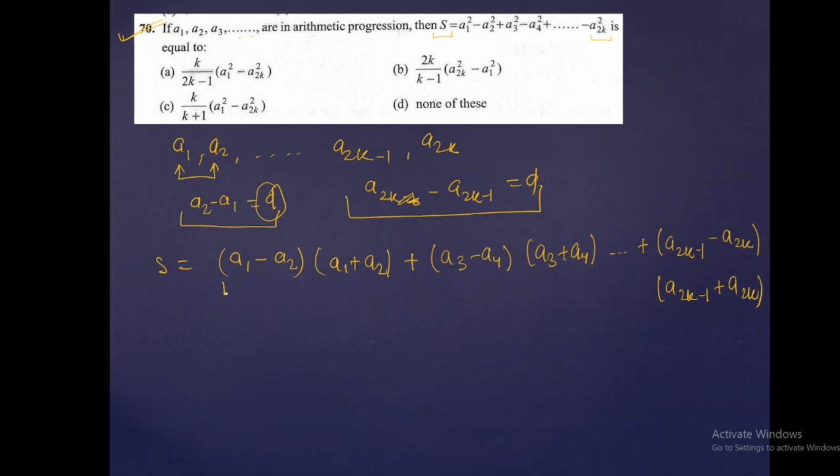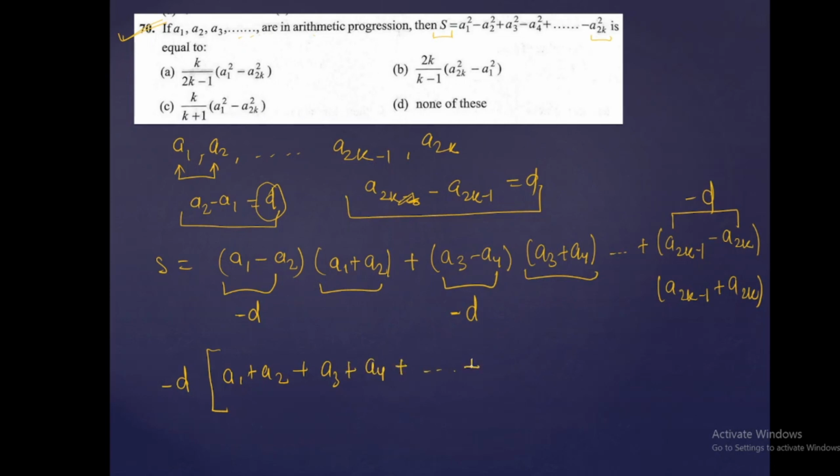Okay. This term is d? Not d, this will be minus d. This is also minus d. This is also minus d. So you can clearly see that we can take minus d common. What we will be left with is A1 plus A2, A3 plus A4, dot dot dot, up to A2K minus 1 plus A2K.